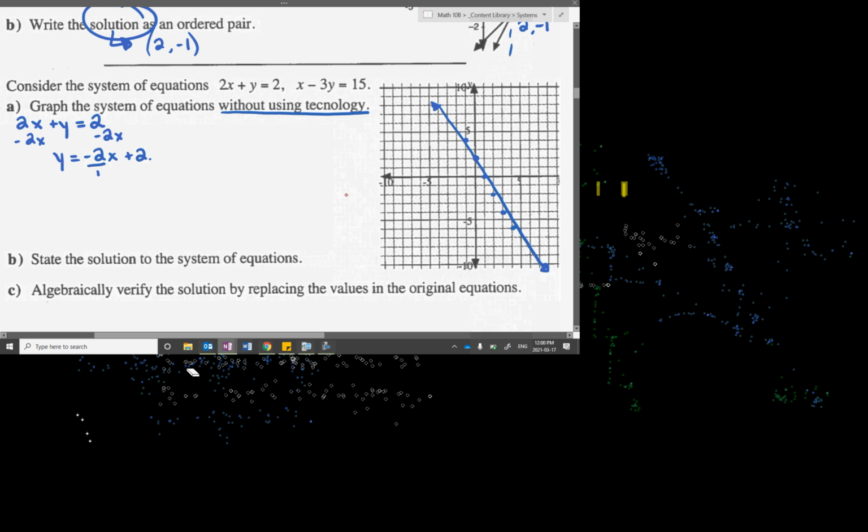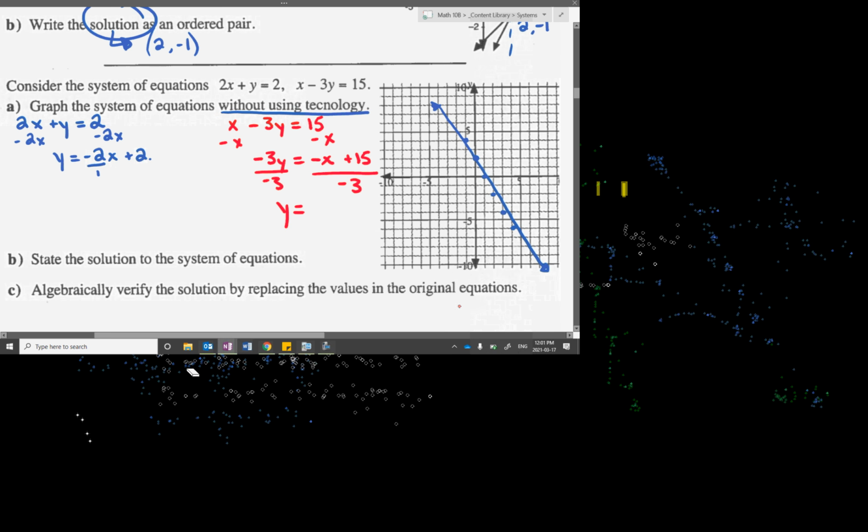Second one is a little bit trickier, so it's x minus 3y equals 15. So I'm going to subtract an x from both sides. Negative 3y is equal to negative x plus 15. Divide by negative 3.